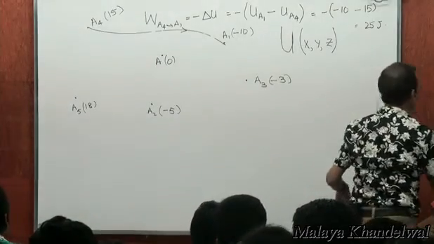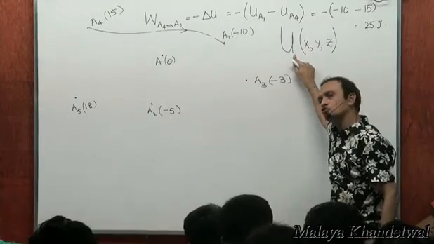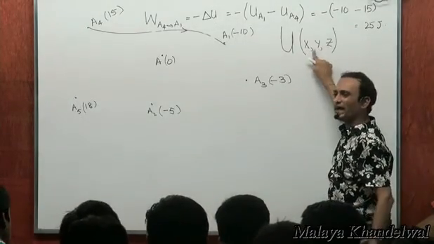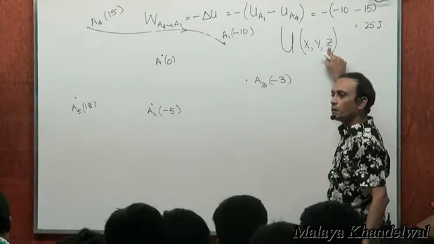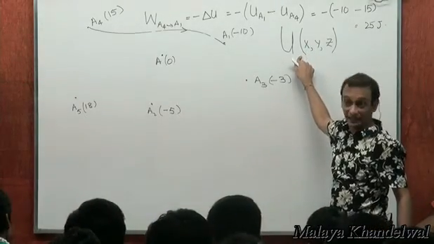Now, this is called the potential energy function. A function of x, y, z. Given any x, y, z, I should be able to calculate the potential energy at that x, y, z.